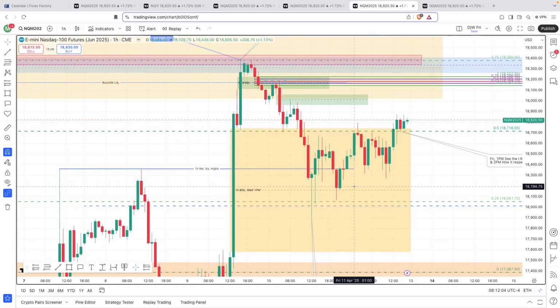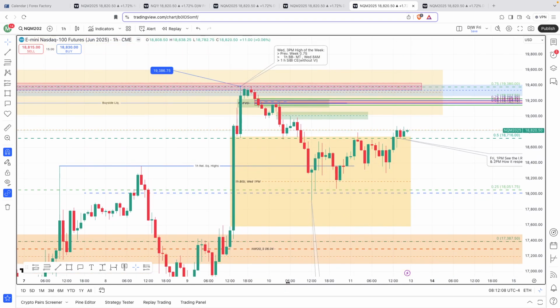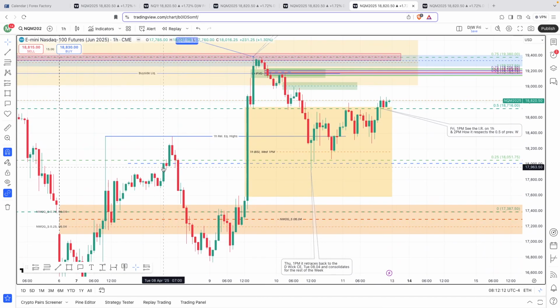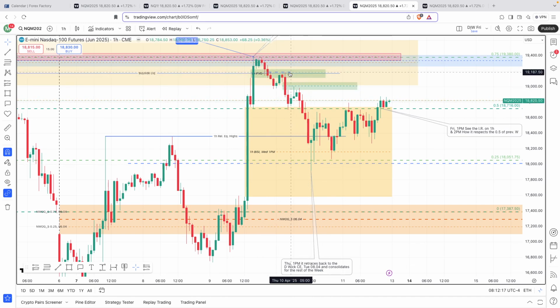And then we meander around the upper half of the fair value gap from Wednesday. This is also a bullish breaker here. So if we take, this is the highest one.